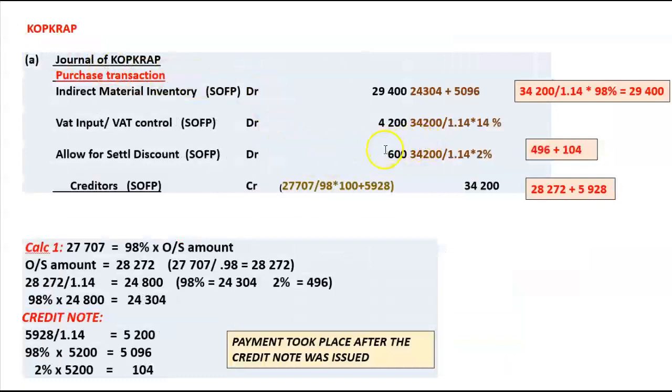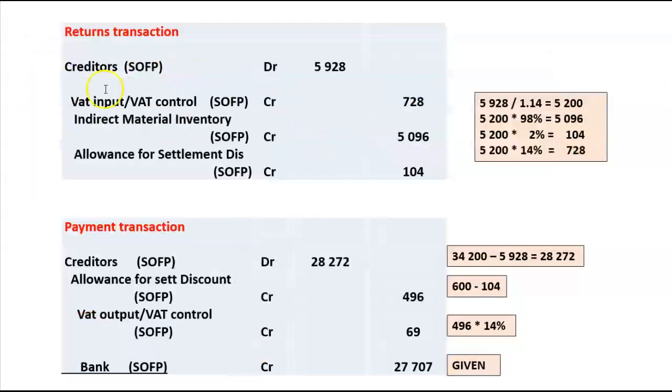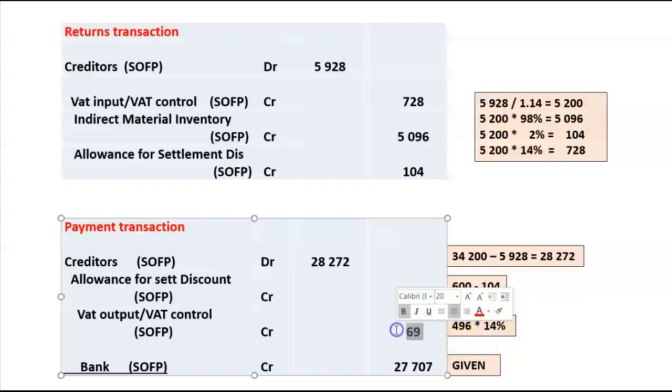So allowance for settlement discount being 600 Rand less 104 Rand, which gives us 496 Rand. And then we must pay over the VAT on the discount that we've received. So 496 times 14% gives us 69 Rand, and we would have credited VAT with 69 Rand. Now, if we add the 496, the 69, and the 27,707, you will see that you balance to 28,272. And that is the first part of the question.